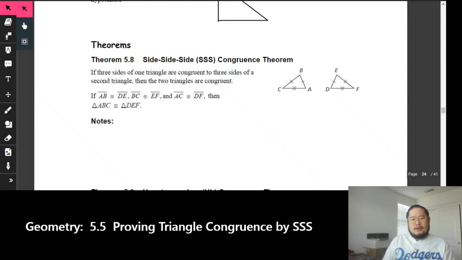It's important to note that the order in which the letters are written in our congruence statement is specific. So right here, I should know that AB is congruent to DE, BC is congruent to EF, and side AC is congruent to side DF.